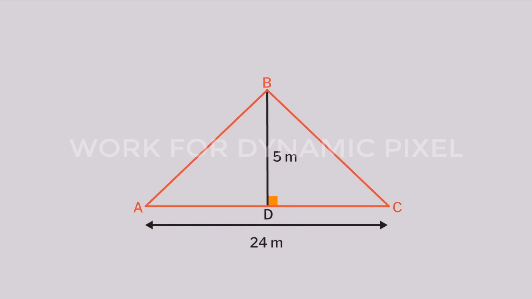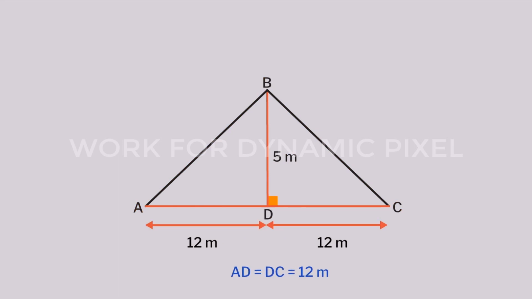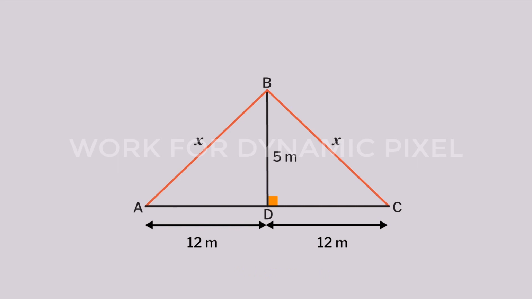Triangle ABC is an isosceles triangle. So the altitude BD divides the side AC into equal parts, or AD equals DC equals 12 meters. Let's take the lengths of the sides AB and BC as x.